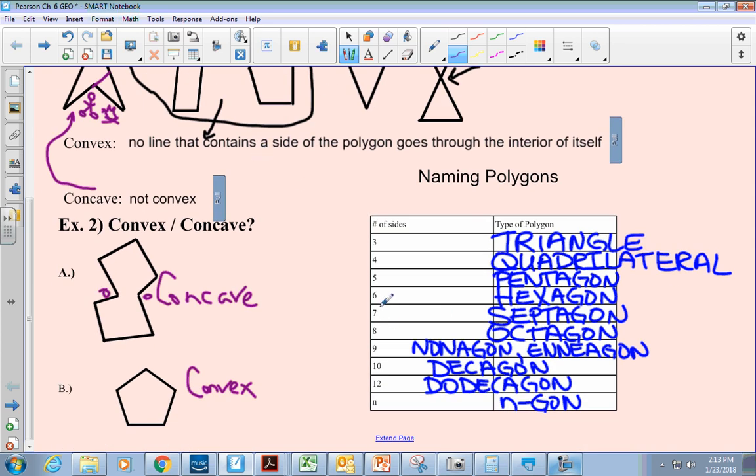Septagon, also heptagon. Add that to the list. Heptagon, septagon. We want a heptagon. Okay. Add heptagon to your list of 7 sides.